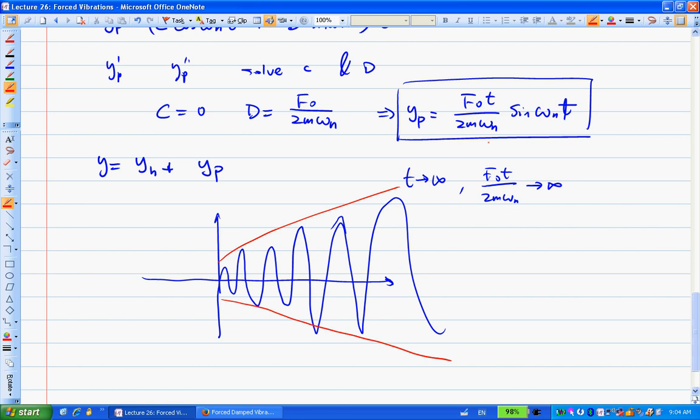All right. So that's actually this inherent so-called resonant condition. Okay, so you're putting the same frequency as your input, you induce the resonance of this system, and that's no good.